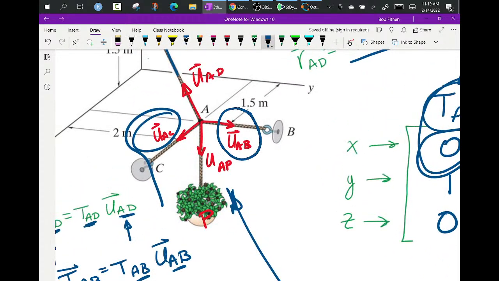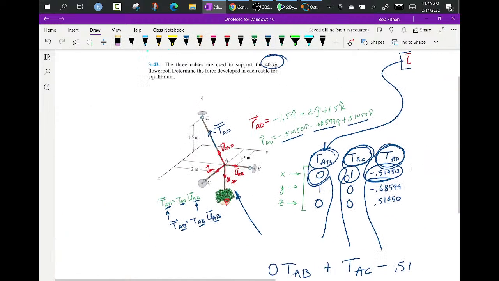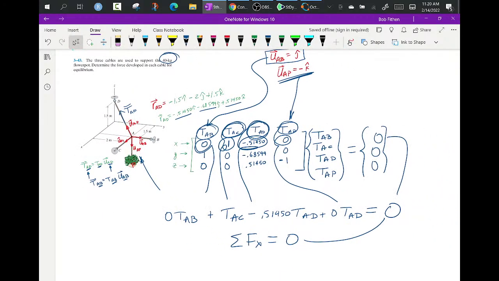This doesn't go in the x, nor does that one. So what you end up with is only this one offsetting a component of that tension going in the opposite direction. And that's what you see out of this. The only 2 terms that are not 0 are this one and that one. So you can get a relationship between TAD and TAC.